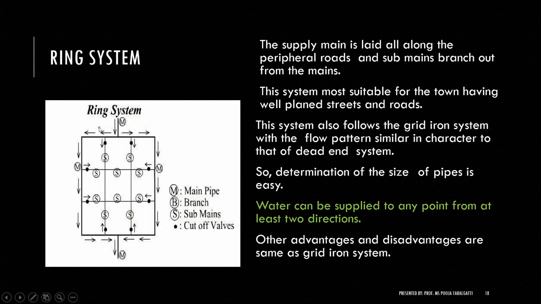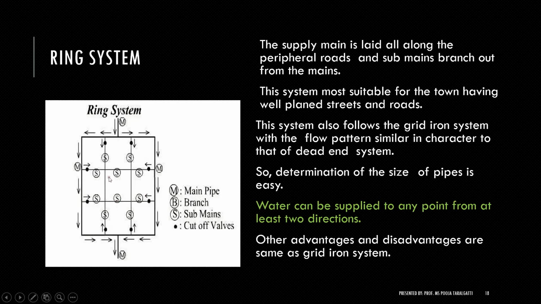In a ring system, your whole main pipeline system is placed at the periphery, and your subsections and the submains will be at the innermost area. Okay, so its plus point is it supplies from at least two directions. So you can have an alternative supply if one side pipeline is not working.